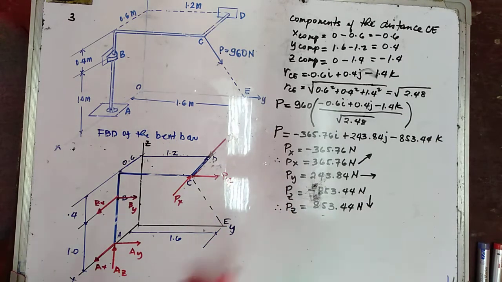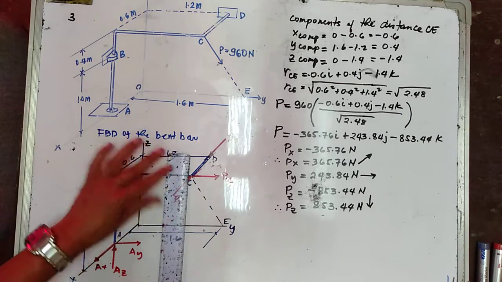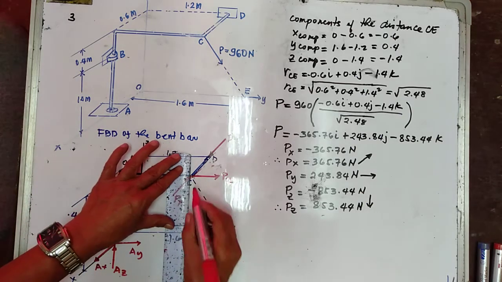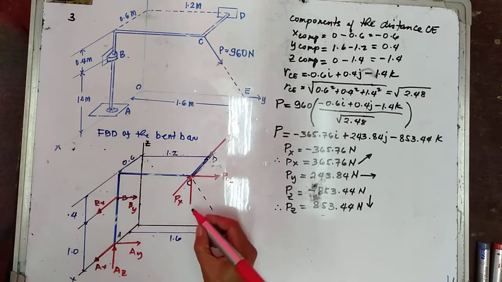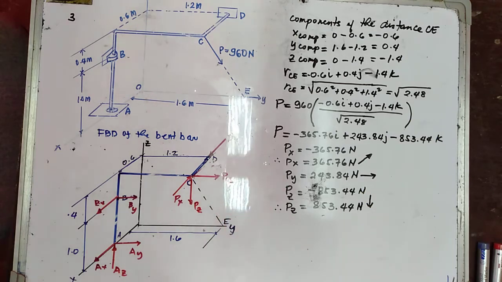And then your z is downward. This is now your pz. Okay, so we now have the free body diagram of the bent rod.